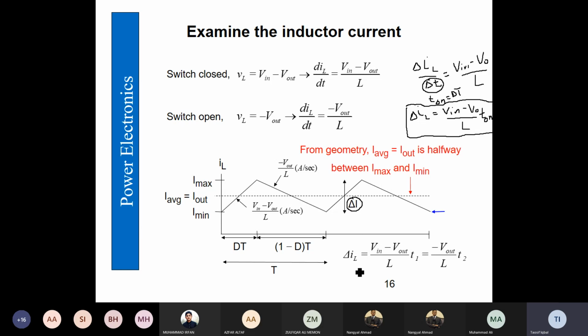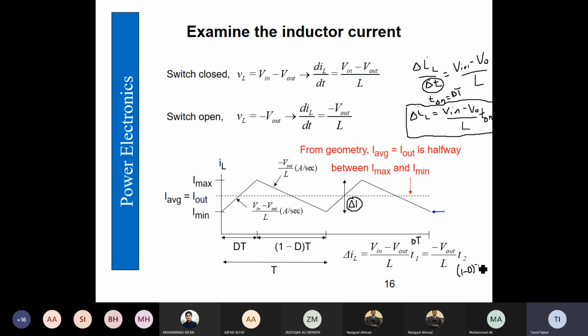So we can find the ripple using the charging side or using the discharging side. So this T1 is basically T on, so we can replace it as dT, and we can replace T2 by 1 minus dT, because this indicates T off time.